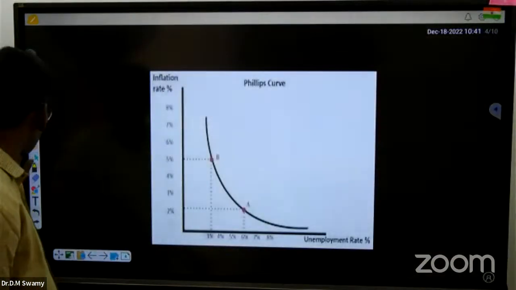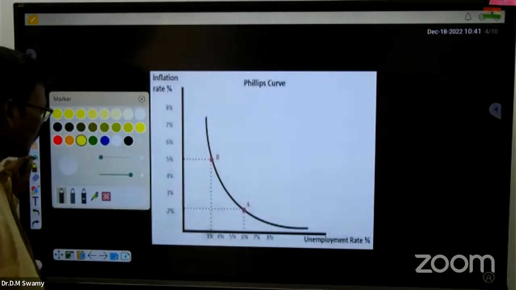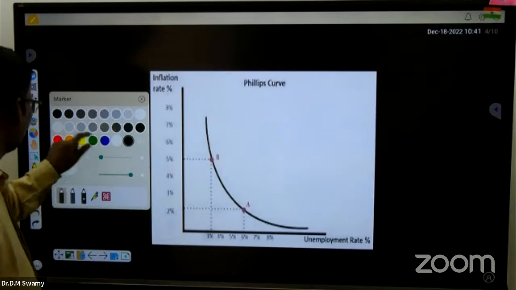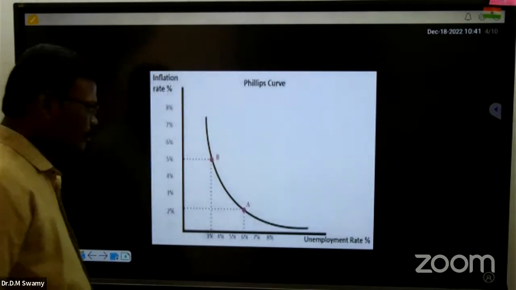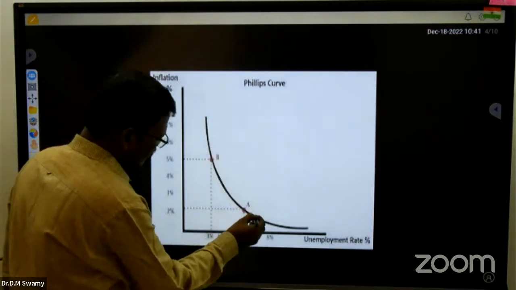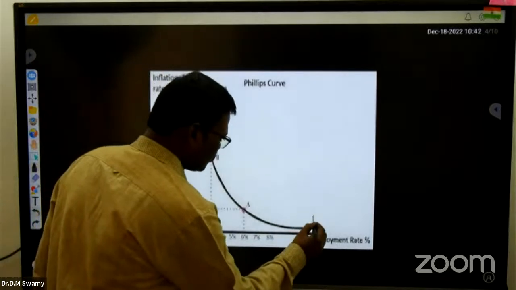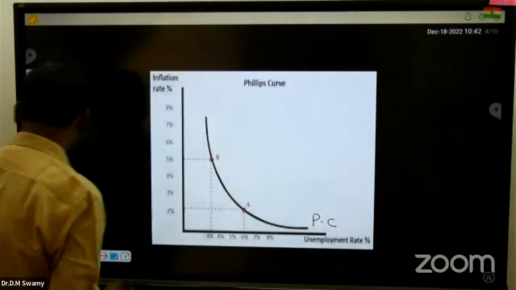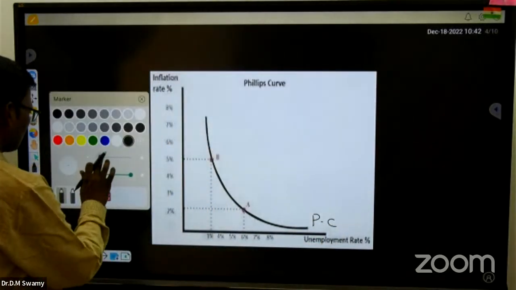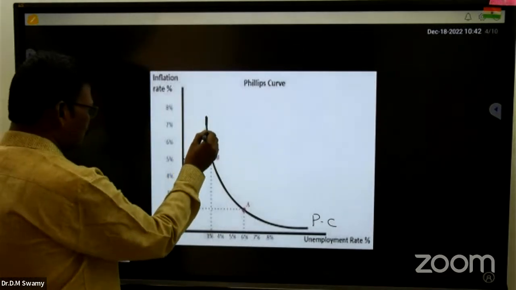If you see the Phillips curve, it will be like this: a downward slope from left to right, which is called the Phillips curve.